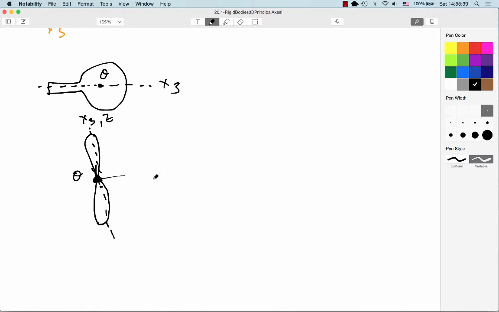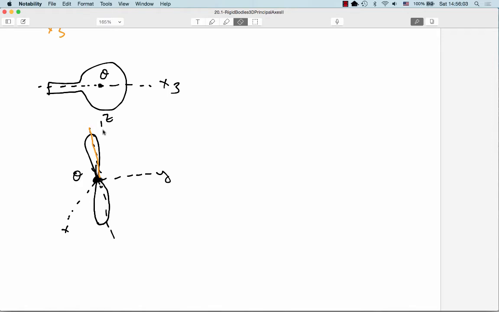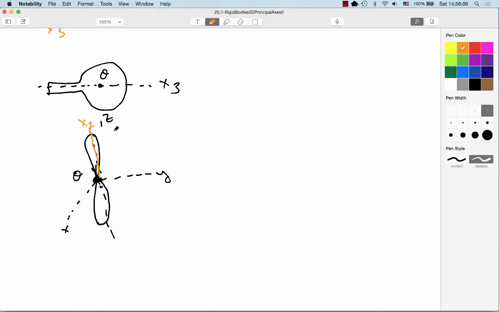Now, if I just do the obvious thing here and say that this is y, let me draw that dashed, this is y, and that's x, like so. It's not entirely obvious to me, anyway, where the x2 and x1 axes should point. The only thing I know for sure is that they need to be mutually perpendicular to each other and to x3.